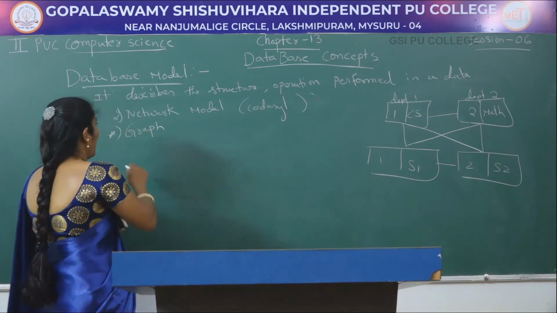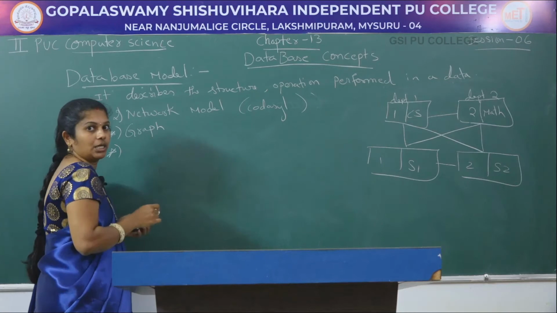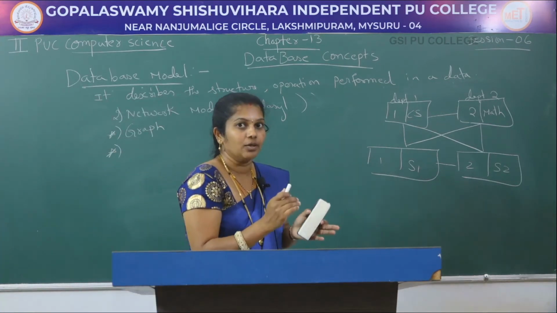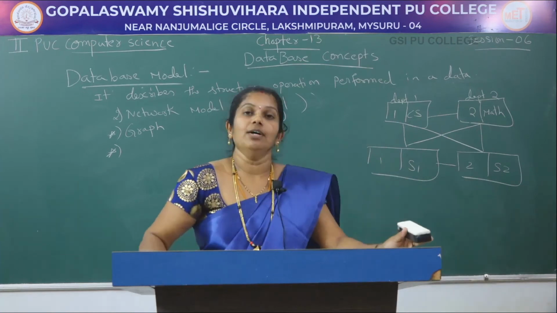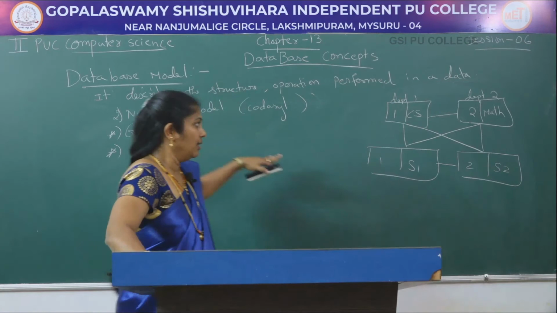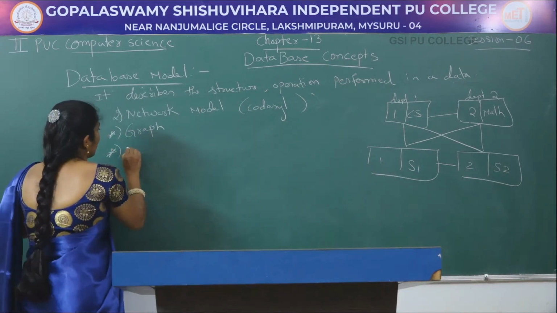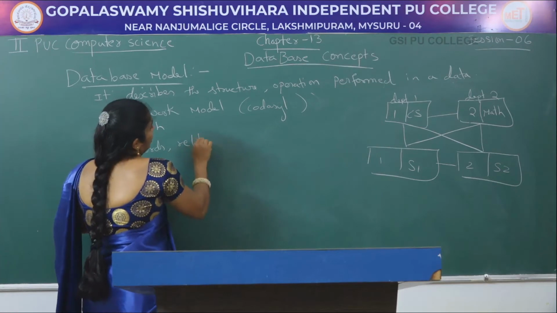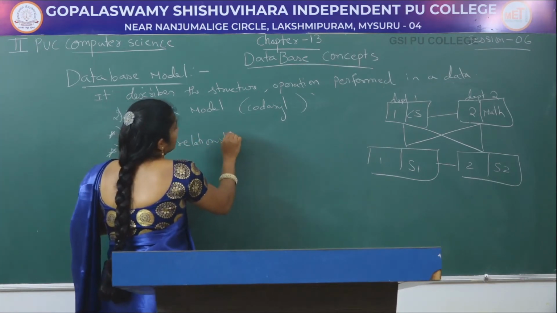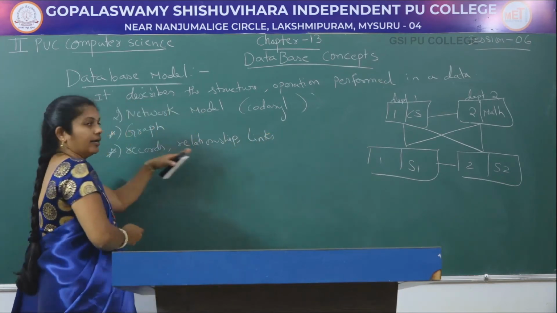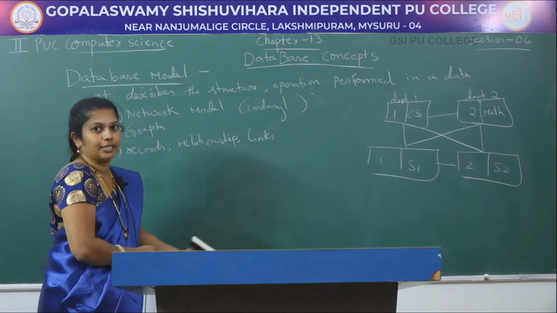In this, we have records. All the records are arranged, and with that we have links in between. A relationship is there. Here we have records, relationships, as well as links. All the data are connected to each other.